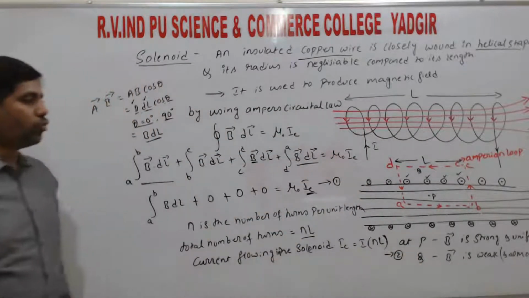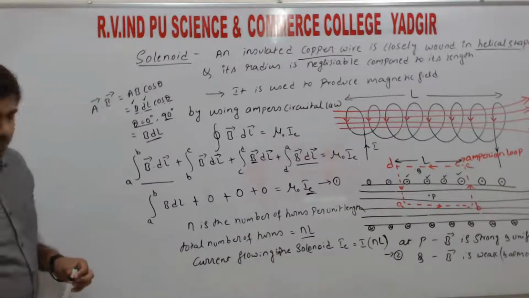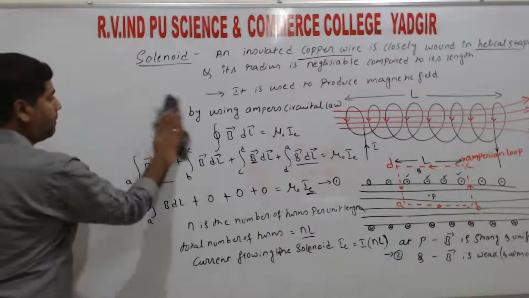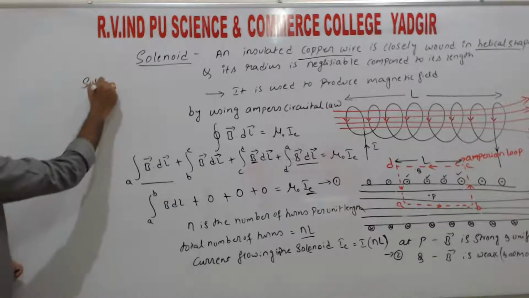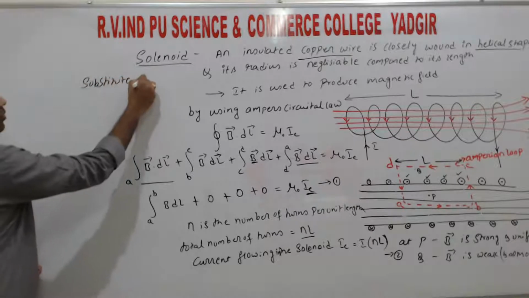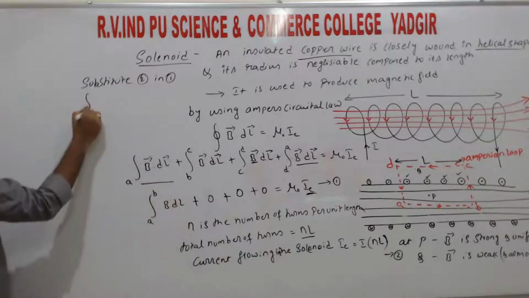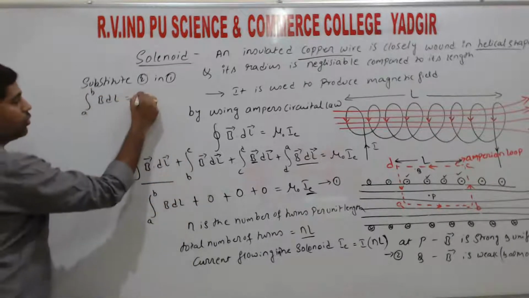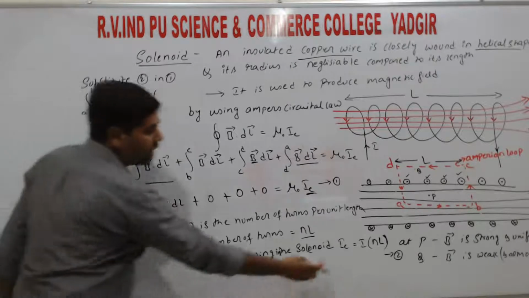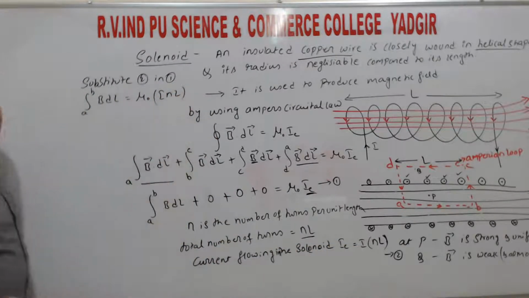So substitute 2 in 1. Only we have this A to B, B dl, that is equals to mu naught. In place of I E, we can write I into n L, right?